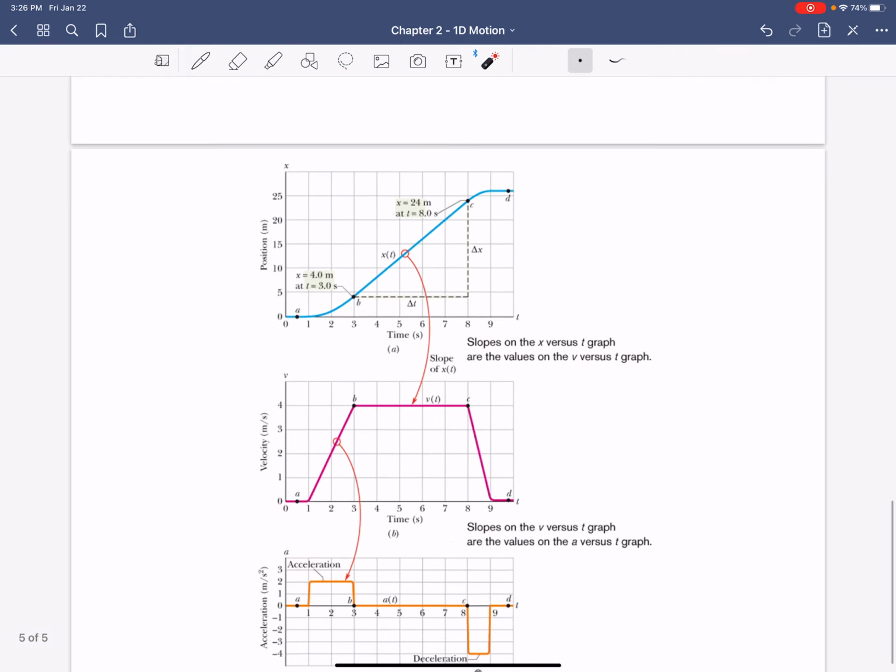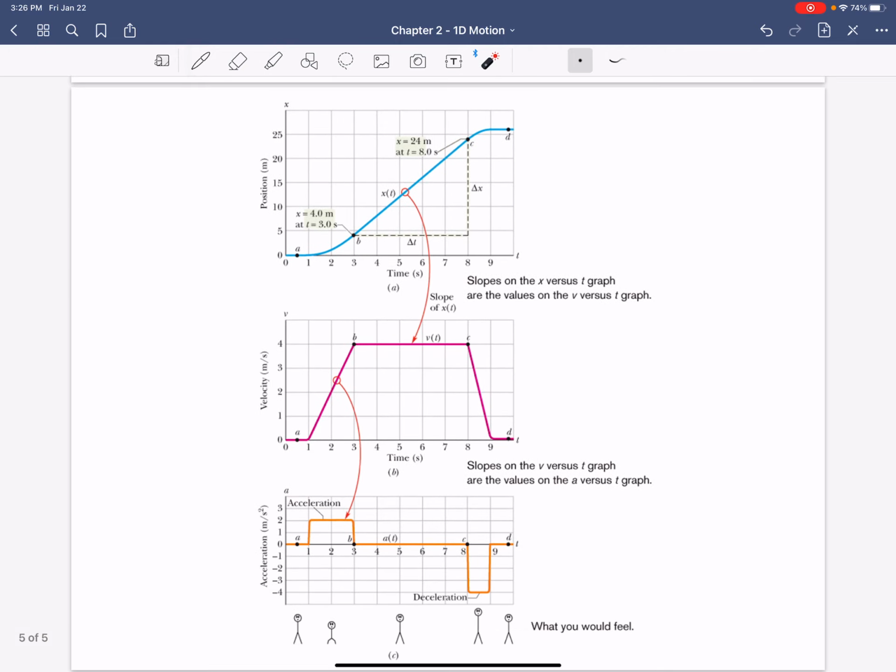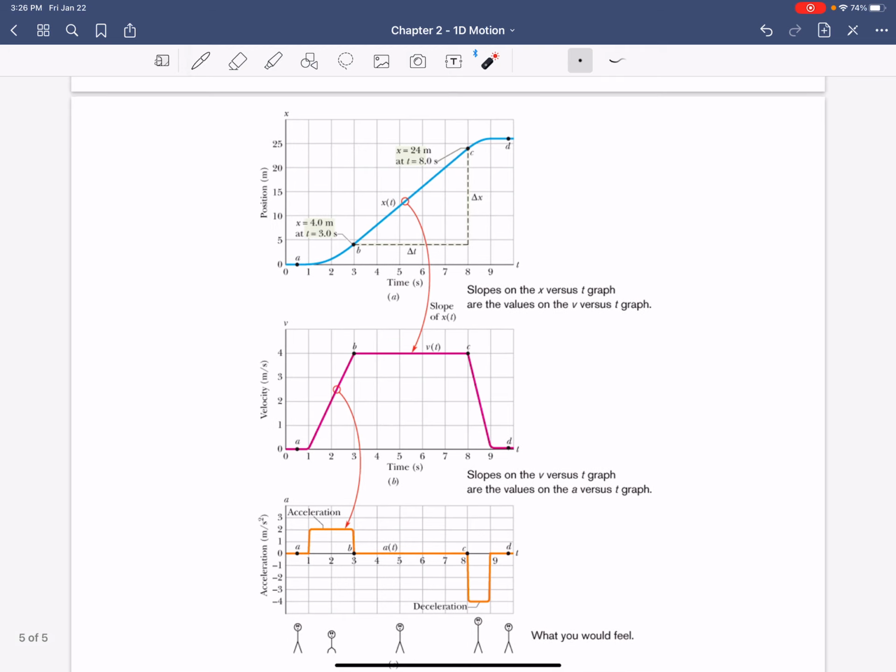Now, let's take a look at all of those graphs together and go back through. So if at the very beginning you pause this video or that video and you tried to predict the motion of this object just based upon the position versus time graph, and you said, well, at point A to B, it speeds up a little bit, right?